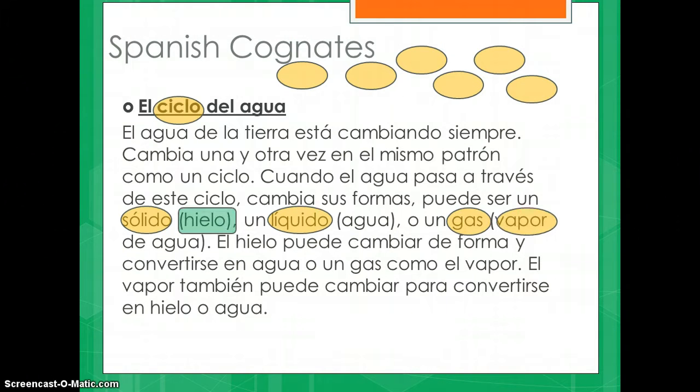Then all that are needed are the new keywords, which could be just two: hielo, ice, and water, agua. And the concept should be able to transfer pretty efficiently between the first language and the second. Pictures or other ways of contextualizing the message then serve to expand and confirm your students' predictions.